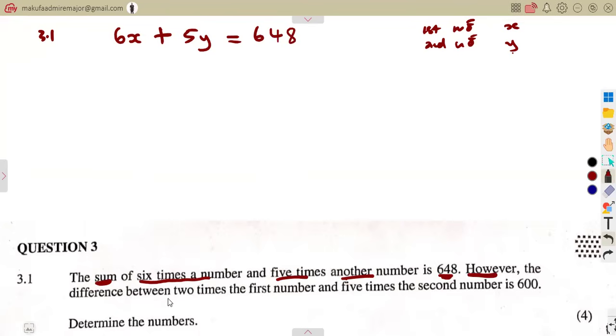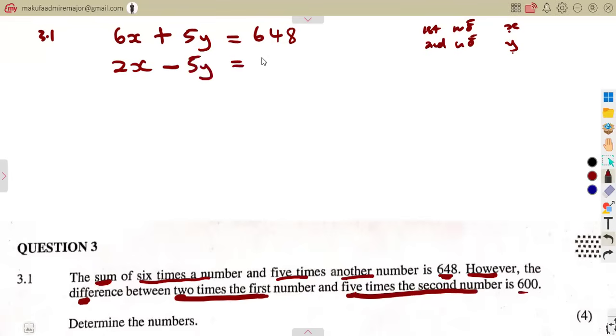However, the difference between 2 times the first number, our first number is x, so that's 2 times x, minus 5 times the second number. So that's 5y. That difference is 600. It's an equation again that we have formed.